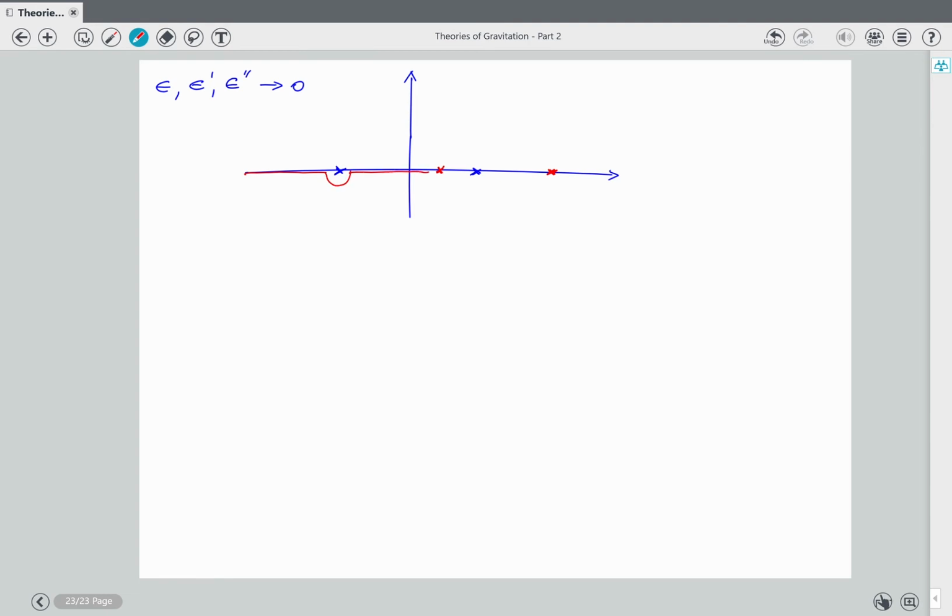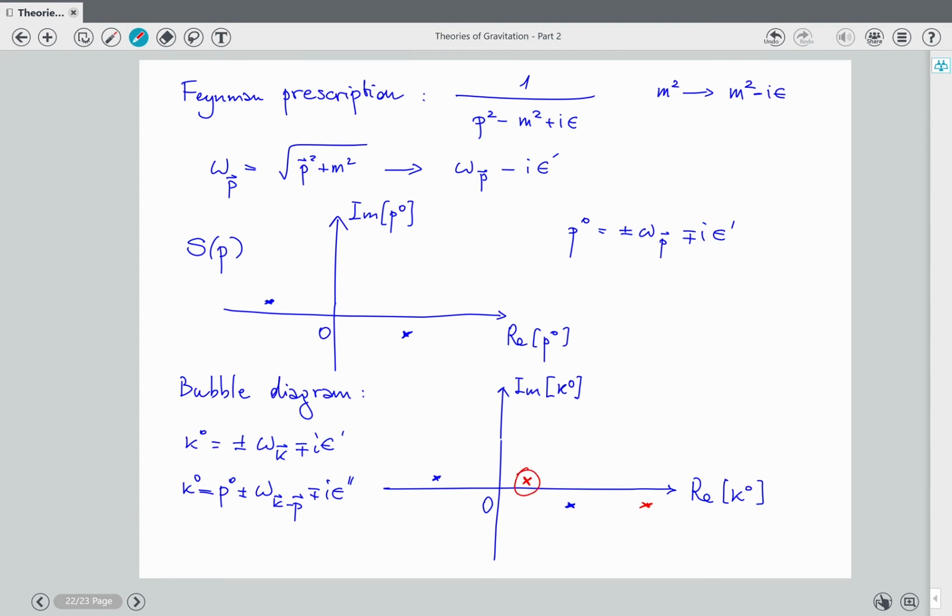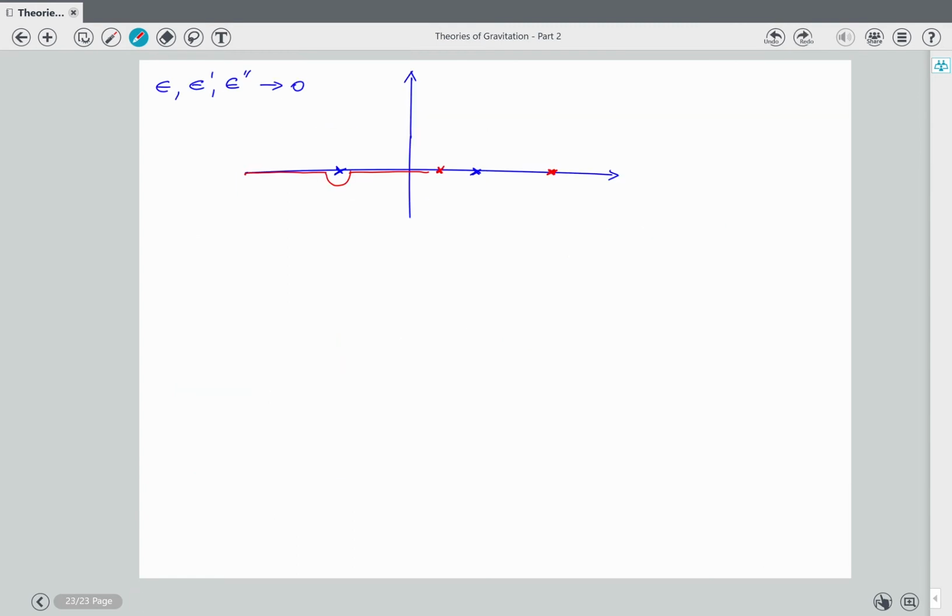And with the first red one it is the same, with the second blue one it is the opposite, and with the second red one it is the opposite. Okay, so you can move around epsilon. That moves the poles on the complex plane, but you do not have any problem with analyticity because you can avoid the contact between the poles and the integration path.